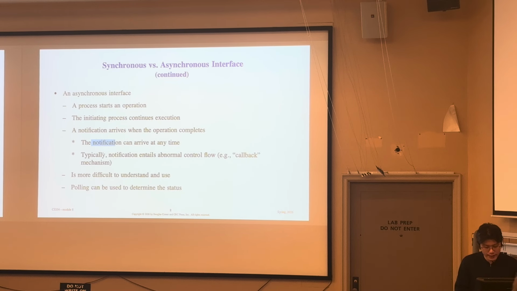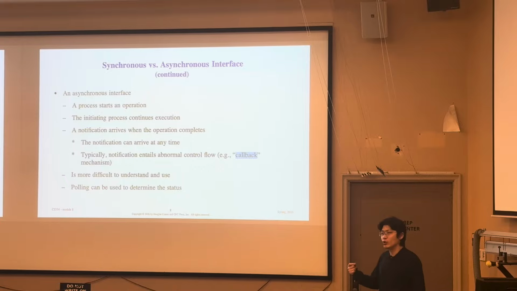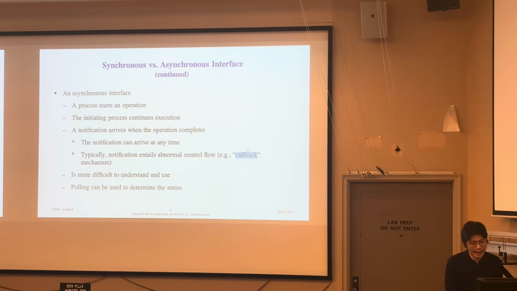There's no guarantee, and so notification entails abnormal control flow. Sometimes it's called a callback. When there's a callback, your process needs to stop whatever is currently executing and handle that callback. That's why it's called an abnormal control flow.